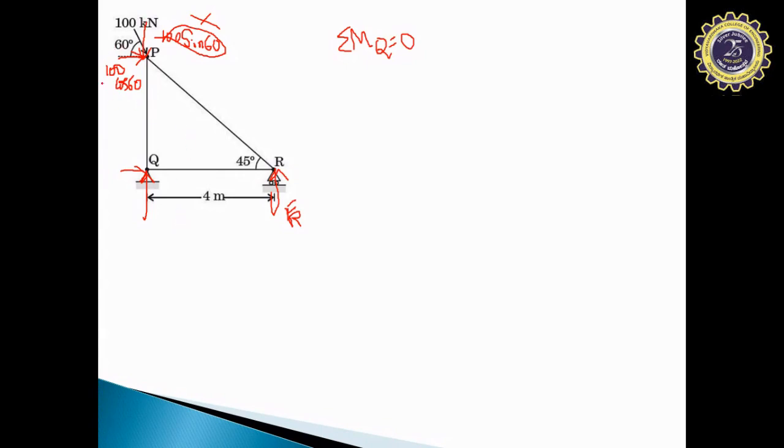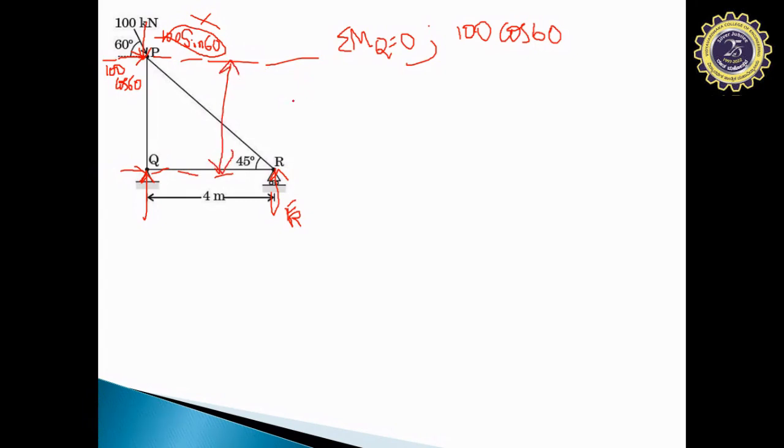Now look at this force 100 cos 60, and Q. Keep your left finger on Q and look at 100 cos 60. It is making a clockwise movement. Yes or no? Since it is making a clockwise movement, 100 cos 60 will be positive. That is the magnitude of the force. Now what is the perpendicular distance between 100 cos 60 and Q?